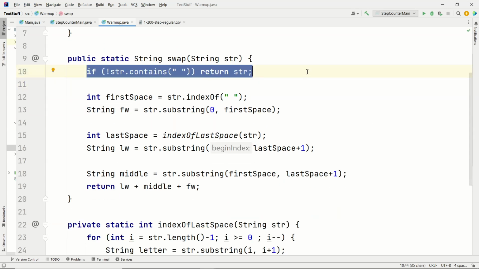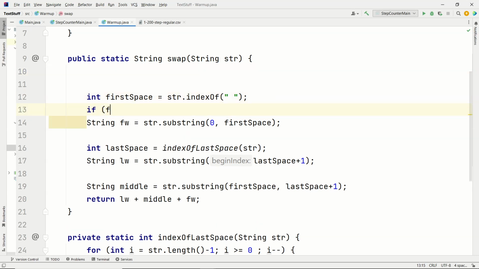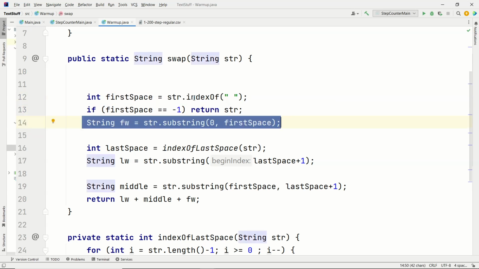You don't have to do it here. You might have thought you could do it here. If first space is -1, that must mean that we didn't actually find a space. So here you could return string. The only reason I don't like to do it here is because line 13 is in the middle of lines 12 and 14, which are about part of the solution for a different input.